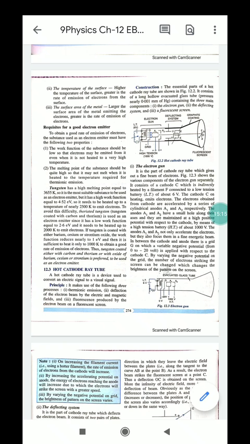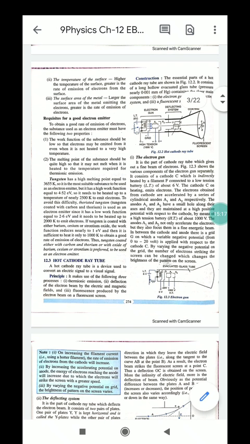Now, disc anode plates. The electrons emitted from the cathode pass through two disc anode plates A1 and A2, having a hole at the center. These anodes are raised to a very high positive potential by connecting them to a high tension power supply.